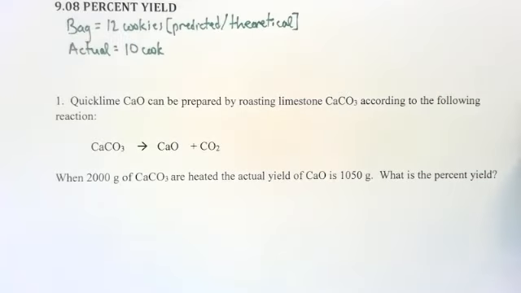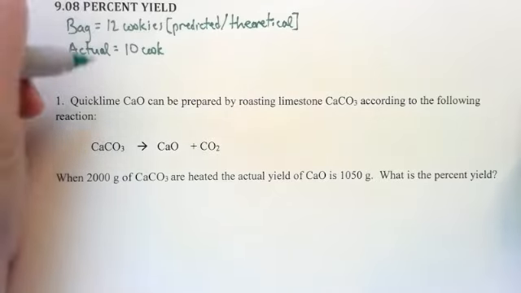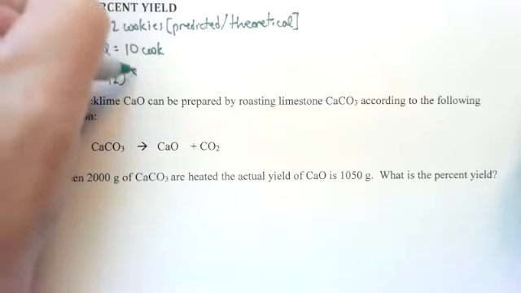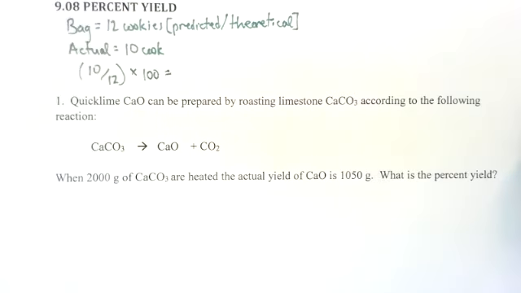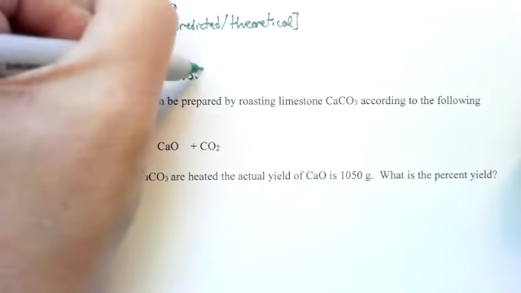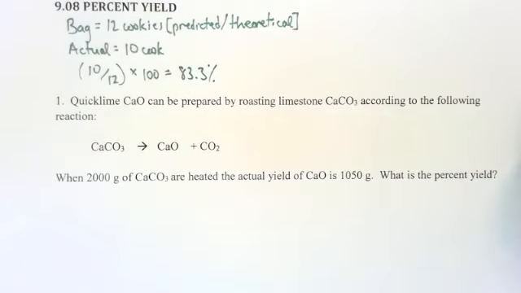So if you take your predicted or theoretical and you have your actual, if you take 10 and you divide that by 12 and then you multiply that number times 100, you get 83.3%. This is the percent yield of cookies that you got.